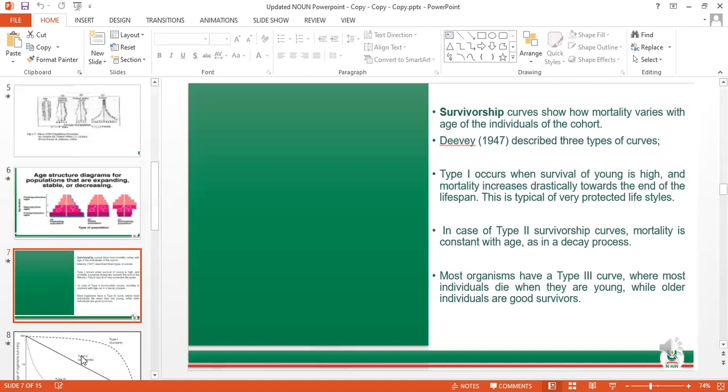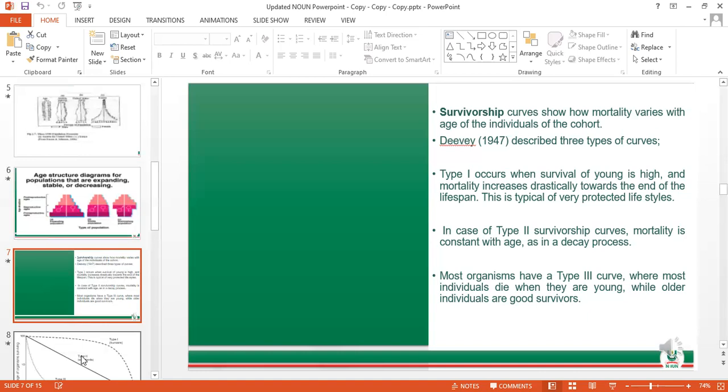So what do we mean by survivorship curve? A survivorship curve shows how mortality varies with the age of the individuals of the cohort. We're looking at age-specific mortality as well as age-specific fecundity: age-specific deaths, that is who is dying, and age-specific births, that is who is reproducing.